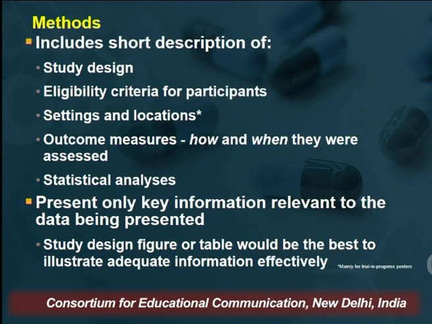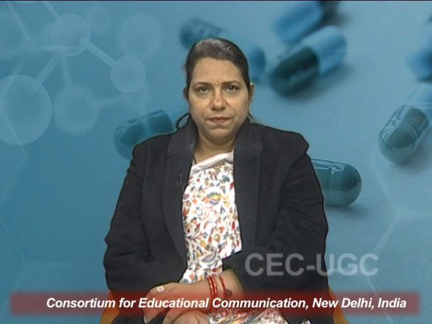How you conducted your study, what different types of participants you included, how many participants you targeted to include, what settings or locations you wanted to conduct your study in, and what the primary and secondary outcomes were that you assessed during your study, along with the basic details of the statistical analysis that you conducted, which software you used, what parameters you used, and what variables you included while conducting your statistical analysis. So that is very important.